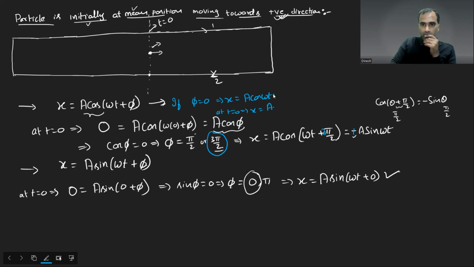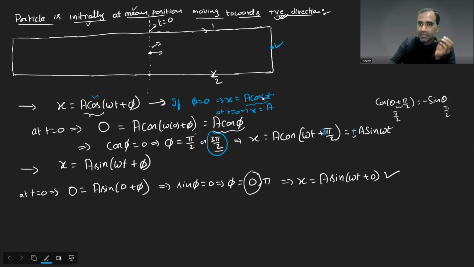A cos 0 is 1, right? So when you're taking cos, phase 0 corresponds to this point. The motion starts for phase 0 in cos. Whenever somebody says phase 0, when you're taking cos, it means it starts from this point. That is how the function is.